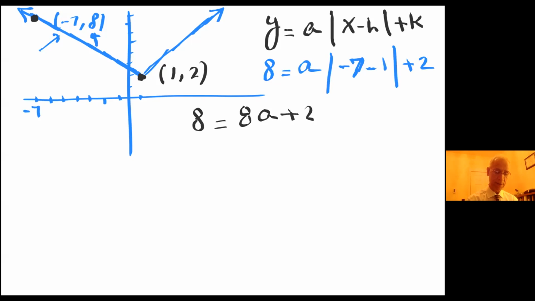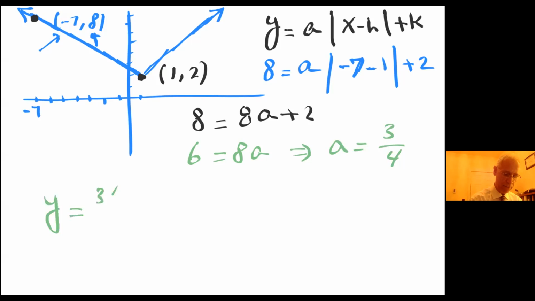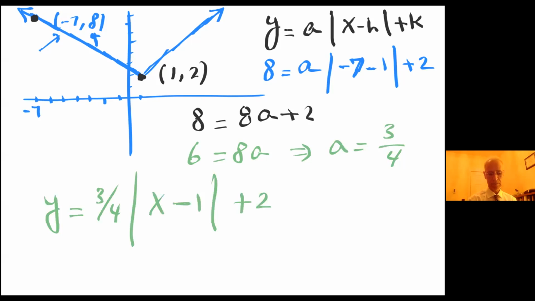Subtract 2 from both sides of this equation. I get 6 equals 8a. So it follows that a equals 6 divided by 8, or 3/4. So now I can claim that y equals 3/4 times the absolute value of x minus 1, plus 2.